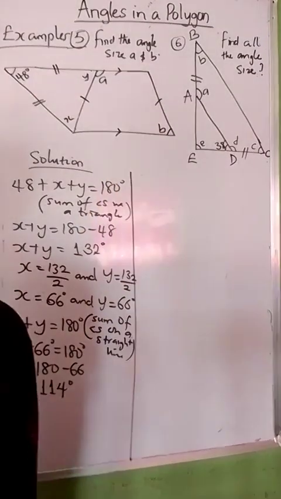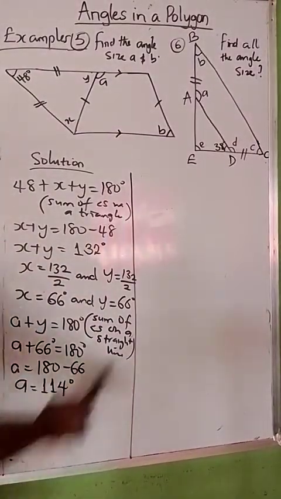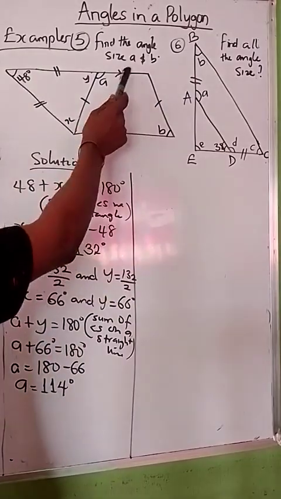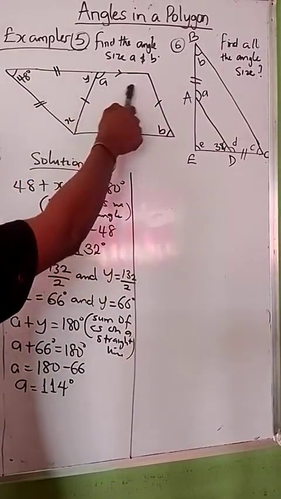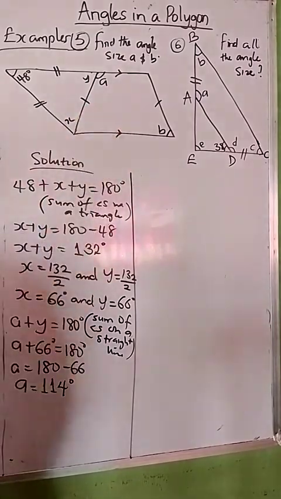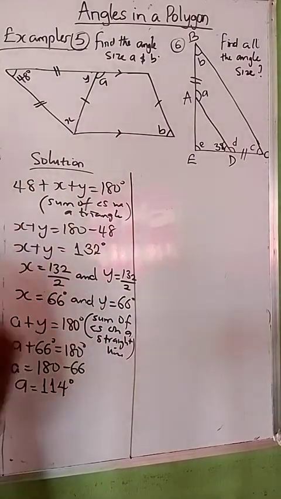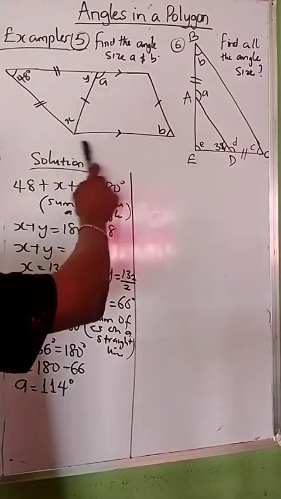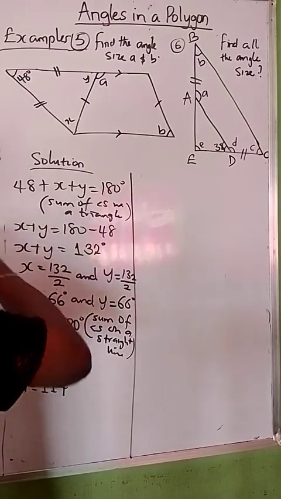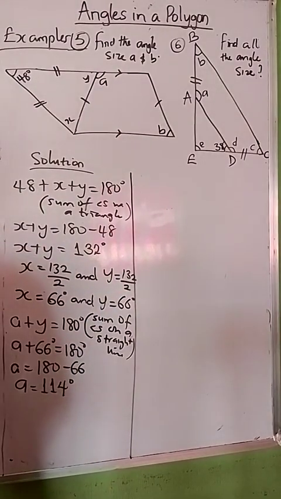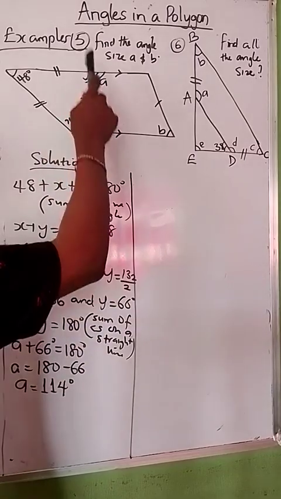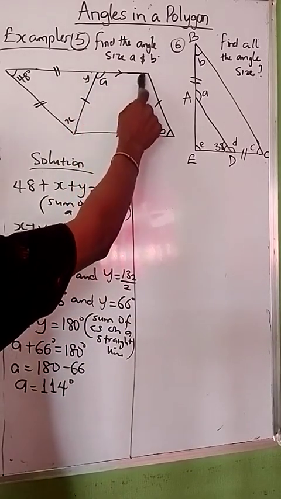Since our A is 114 degrees, remember that for an isosceles trapezium, one of the characteristics is that the pairs of opposite angles are equal. Like I mentioned, it's important you know the characteristics, because they will help you solve every polygon diagram question. So A and this angle are equal.